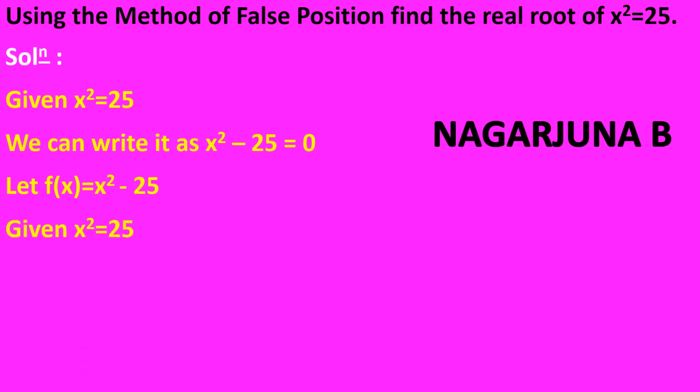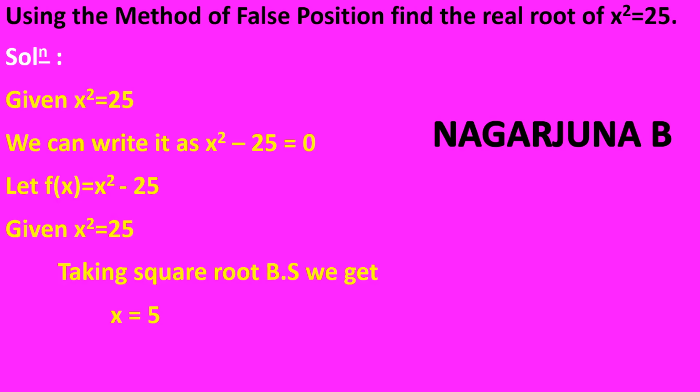Given x square is equal to 25, taking the square root on both the sides, we get x is equal to plus or minus 5, and here I am considering plus 5. Taking square root on both the sides, for x square is equal to 25, that means square root of x square and square root of 25: square and square root will cancel.